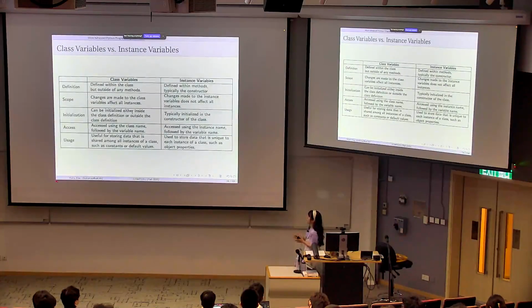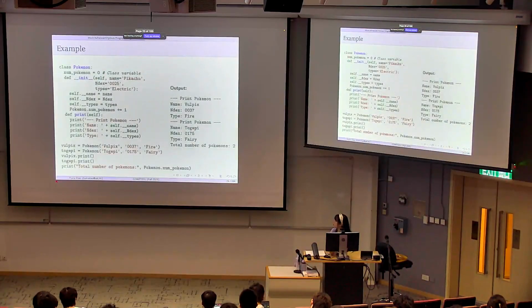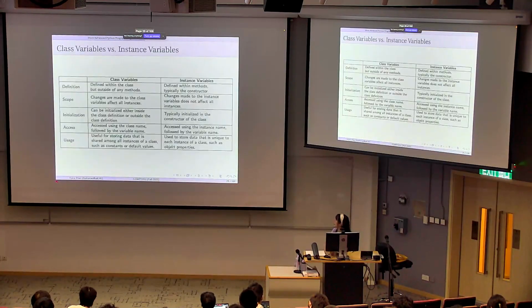Then for the scope, changes made to class variables affect all instances. Like previously, we can see Pokemon.num_pokemon is affected for all these instances. But for instance variables, changes made to an instance variable do not affect all instances.